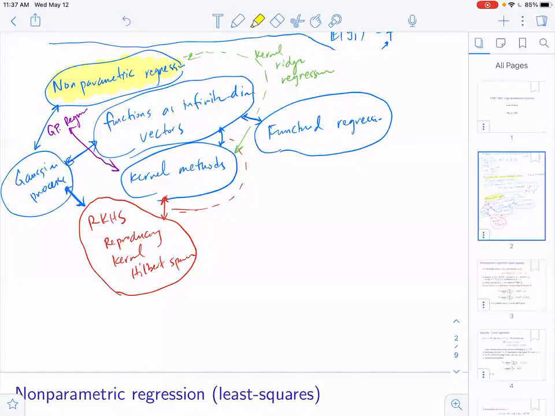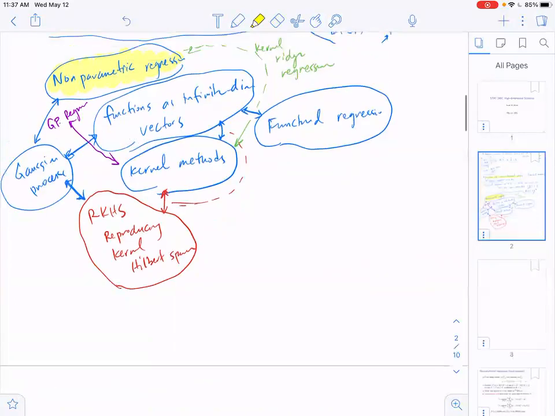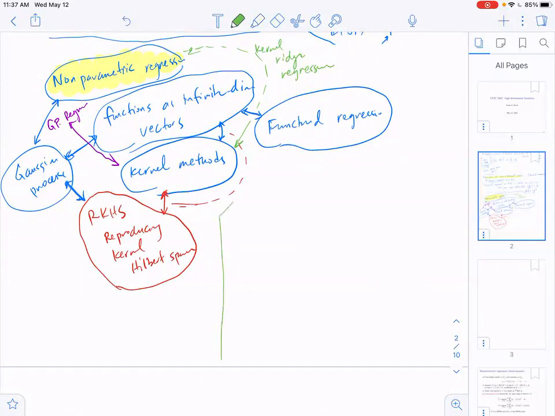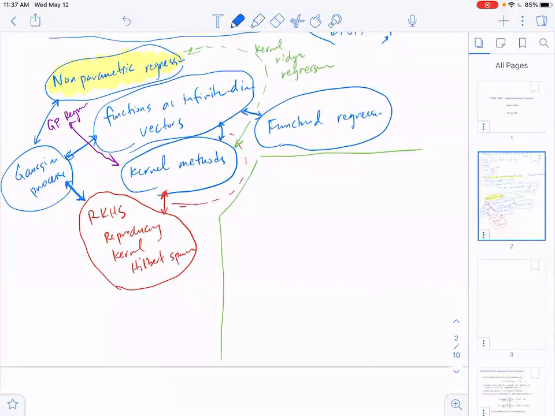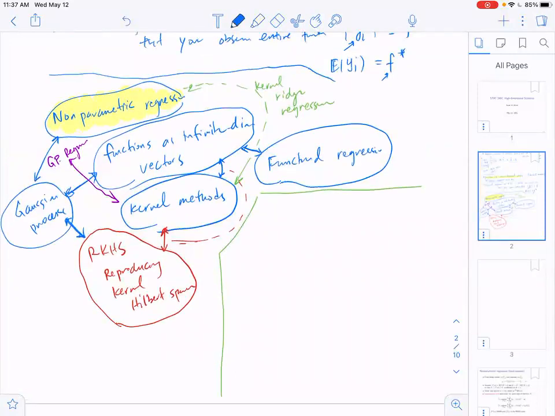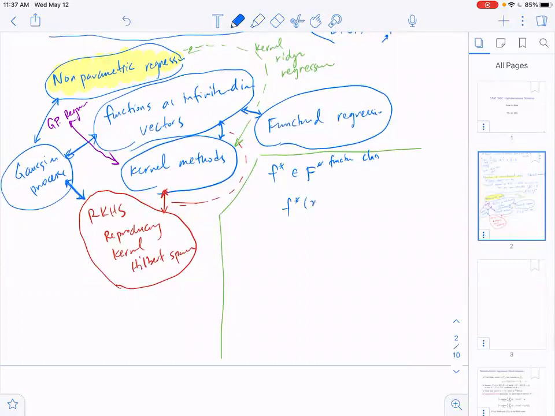So let's do the nonparametric regression model here. The idea is that you have this function in some function space, a function class, and you get to observe its samples at a certain set of points, but you observe noisy samples.